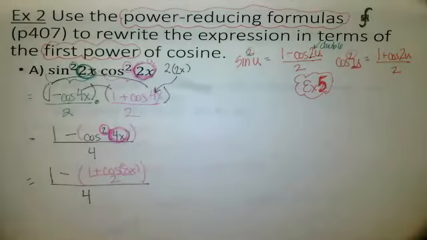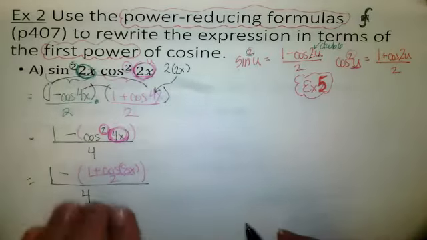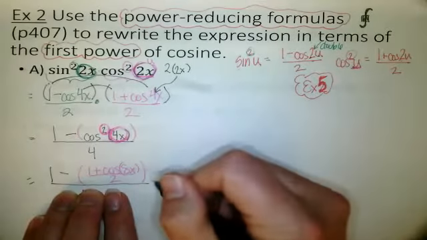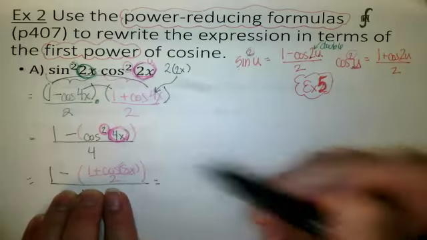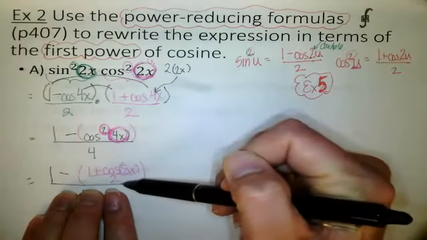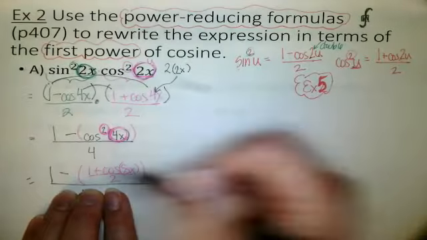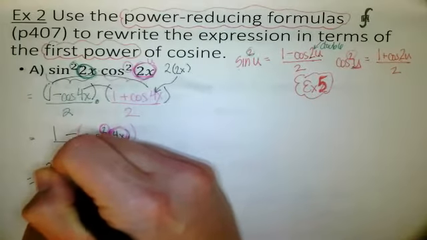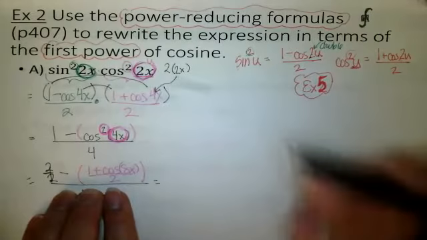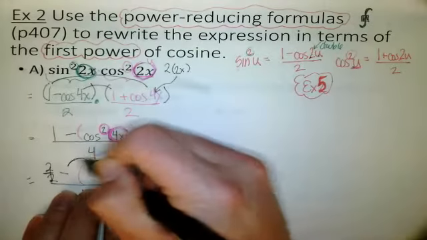Okay. I'm looking just in my numerator right here. Well, I can't exactly distribute it because it needs to have a common denominator first. So this 1 is really, isn't it the same as 2 over 2? Okay. So now I do need to distribute the negative.